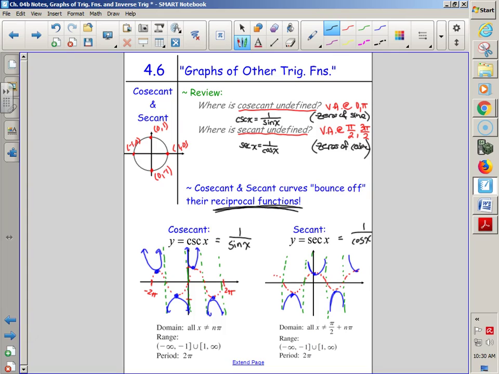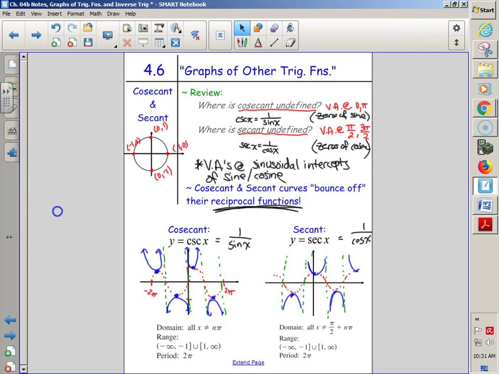So the long story short of all of this is we're going to put the vertical asymptotes at the sinusoidal intercepts of sine or cosine. Now it depends: secant looks at cosine, cosecant looks at sine.